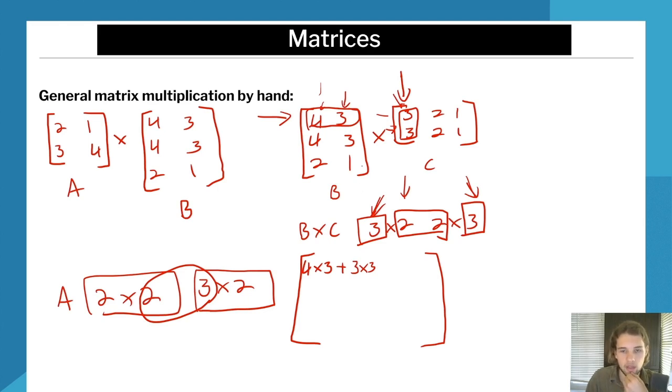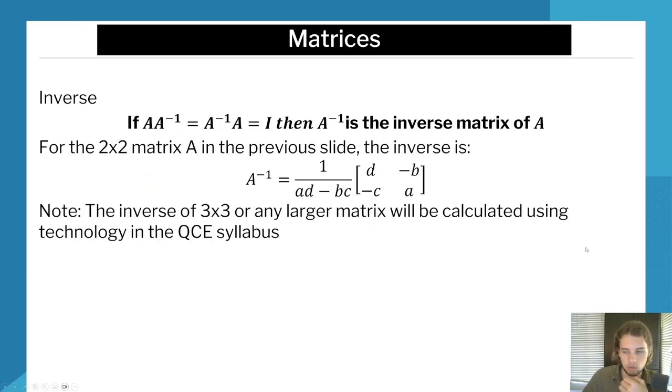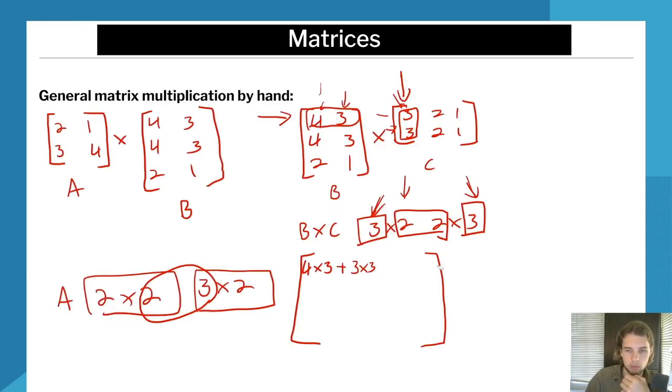So now, we're probably going to need a little bit more space. Let's look at column 2, row 1. We multiply the first row by the second column.